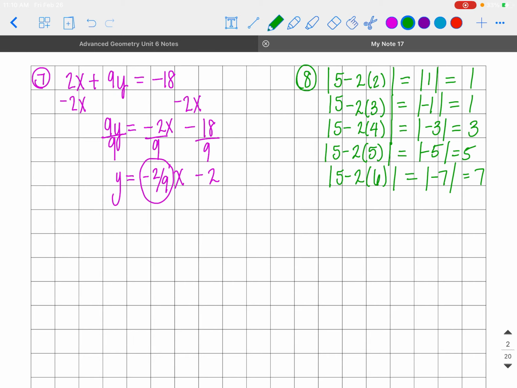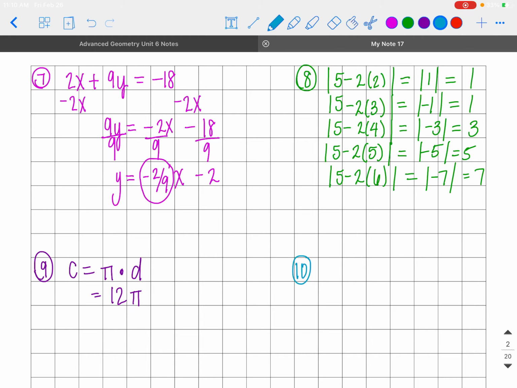All right, number 9. Circumference is pi times diameter. And so if the radius is 6, the diameter would be 12. So 12 pi, which is J. Number 10.